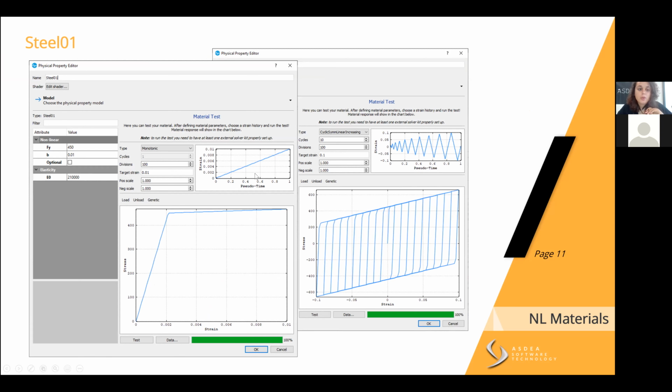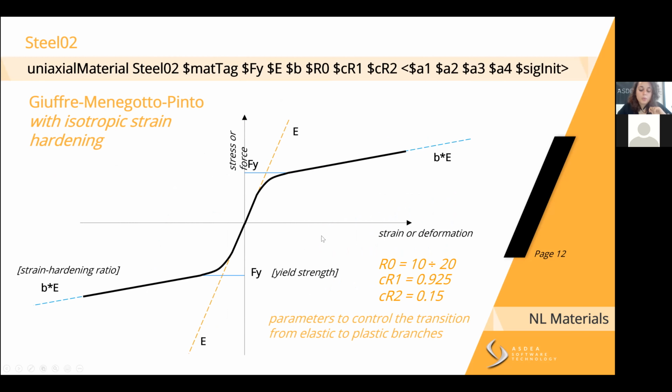But then if we move forward to Steel02, which is a Giuffre-Menegotto-Pinto model with isotropic strain hardening also here, we have the addition of parameters that control the transition from the elastic to the plastic branch. So after getting to the yielding point, we can model the actual yielding, and this is governed by these 3 additional parameters, R0, CR1, and CR2.